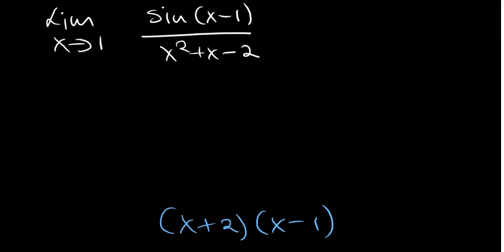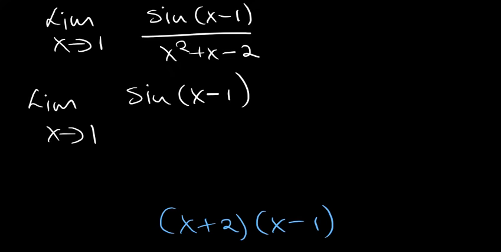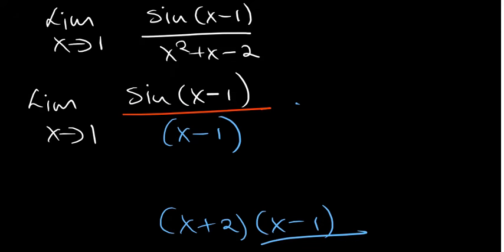So we have the limit as x approaches 1 of sine of x minus 1 over the denominator. I'll start with this part, divided by x minus 1, and then I can pull out the other one which is remaining, x plus 2. And then I can just say sine of it is 1 on top.